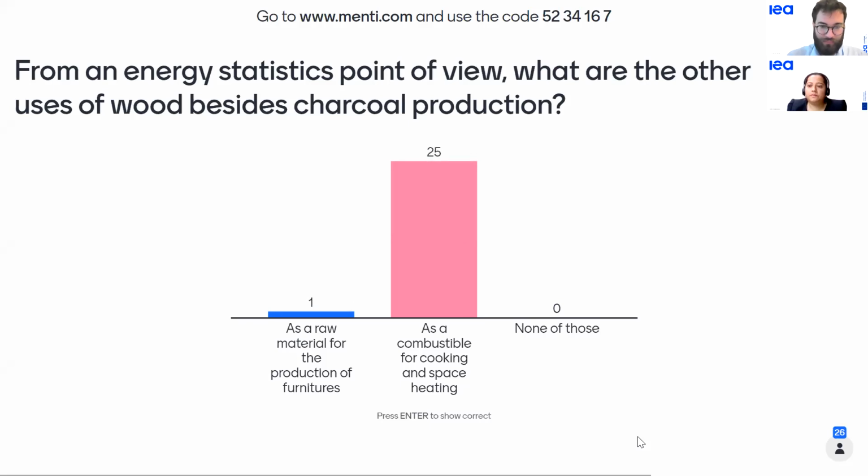Very good. Most of you said as a combustible for cooking and space heating. We have 3 participants who replied as a raw material for the production of furniture, and for energy statistics, we include only the amount of wood that is used for energy purposes, and the making of furniture is not to be reported in energy statistics. So the right answer is indeed as a combustible for cooking and space heating.